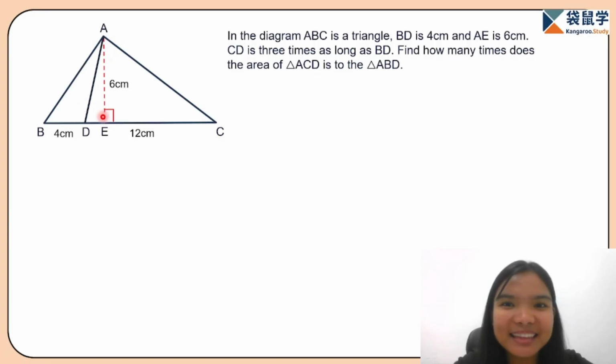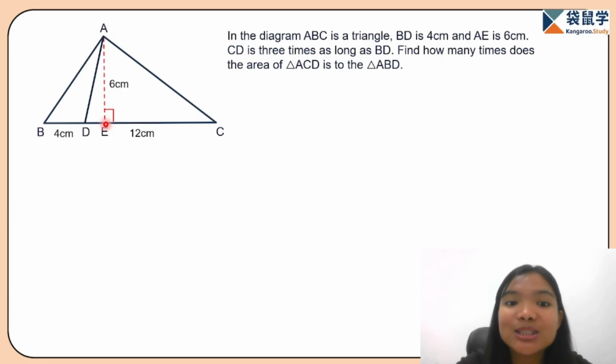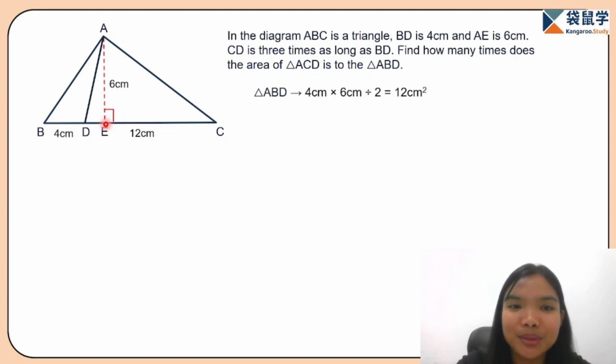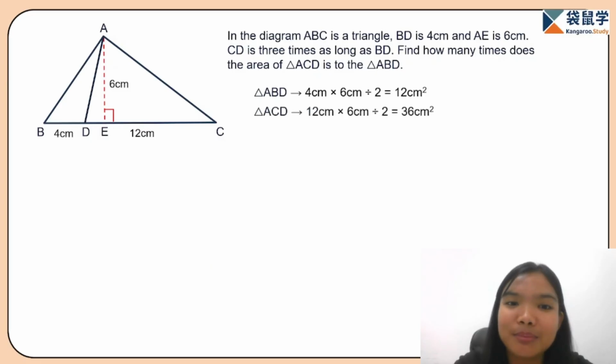So what can we get? Their areas. First, for ABD, the area is 4 times 6 divided by 2. That is equal to 12 square centimeters. And for triangle ACD, that is 12 times 6 divided by 2. That is equal to 36 square centimeters.